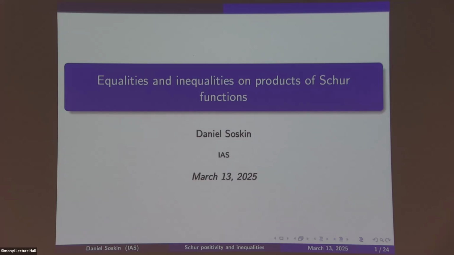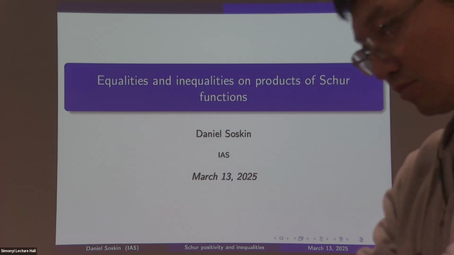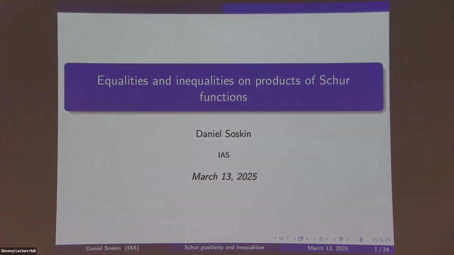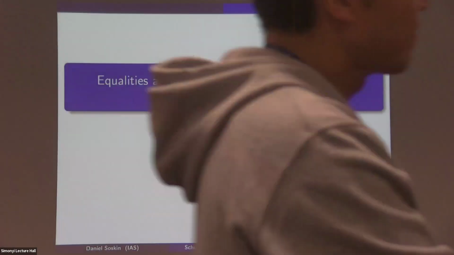So maybe our question reduces to a question about just elementary symmetric polynomials, about some product being larger than some product, and we just deduce the statement for S from those statements.